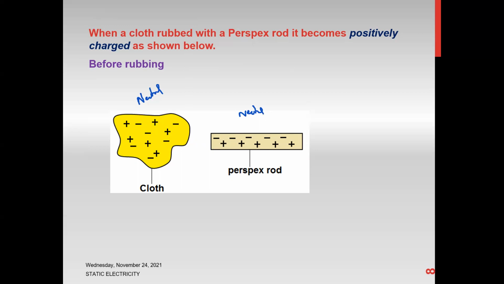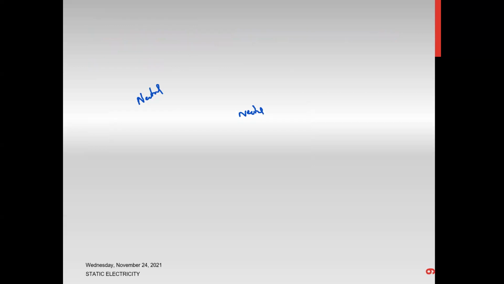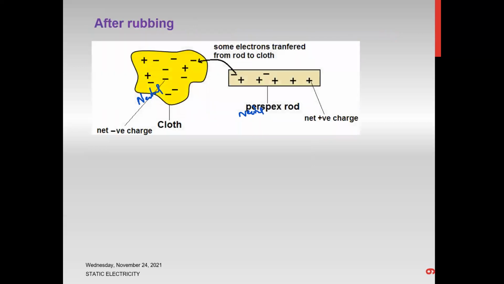So overall they are neutral, but this is before rubbing. When we rub them together, it allows the electrons to jump from one surface to another. In this example, the electrons jumped from the glass rod to the cloth.